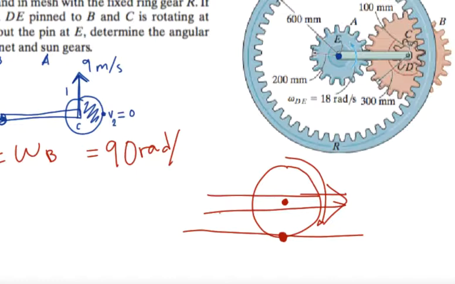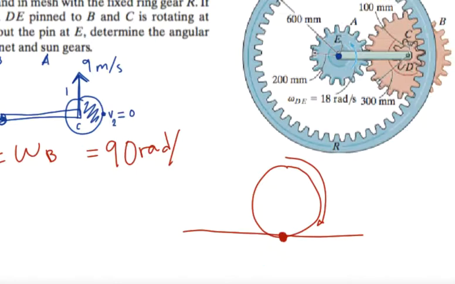The entire thing is in motion, the center has some velocity. But the place where it's in contact with the ground is the instantaneous center of zero velocity, IC. At that instant in time it has a velocity of 0, and that's what we can relate our motion with.